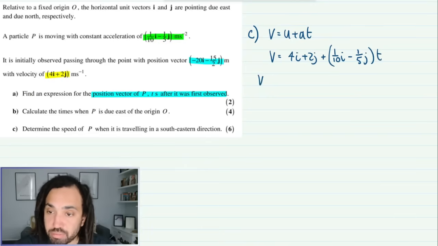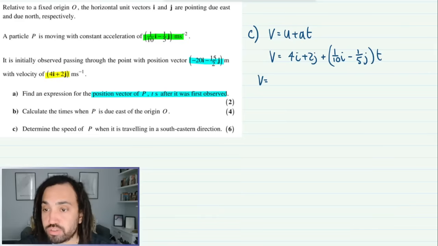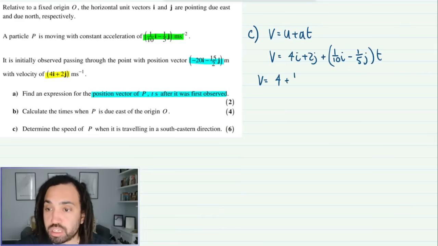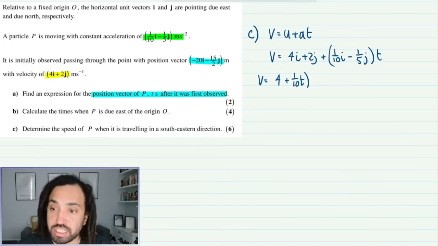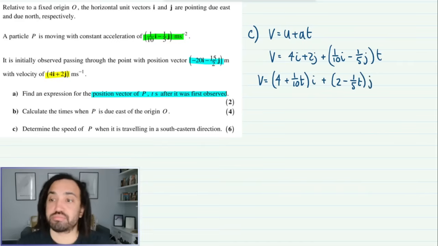Let's split this up into i's and j's. For i, we've got 4 plus 1/10 t. And for j, we've got 2 minus 1/5 t.